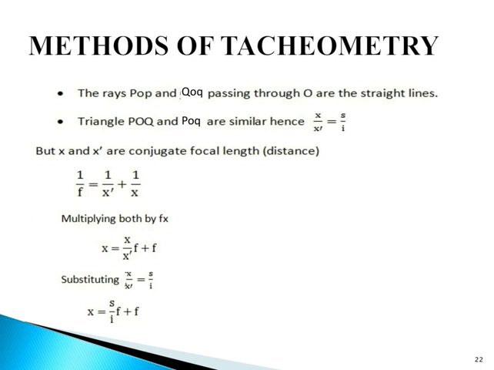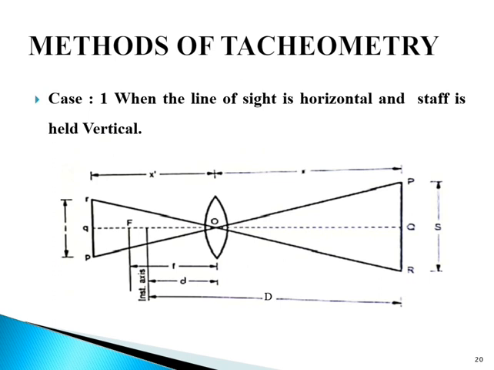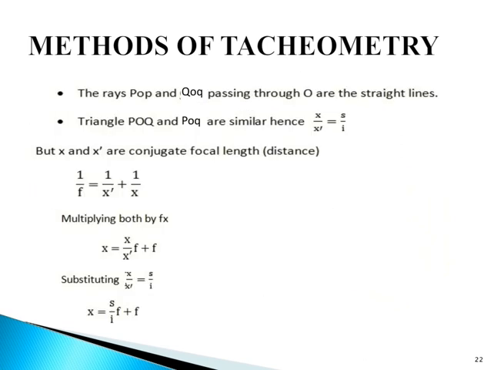So the rays capital P, O and small p, and Q, O and small q are straight lines. The triangles POQ and small p, O, small q are similar, hence x divided by x dash is equal to s upon i.